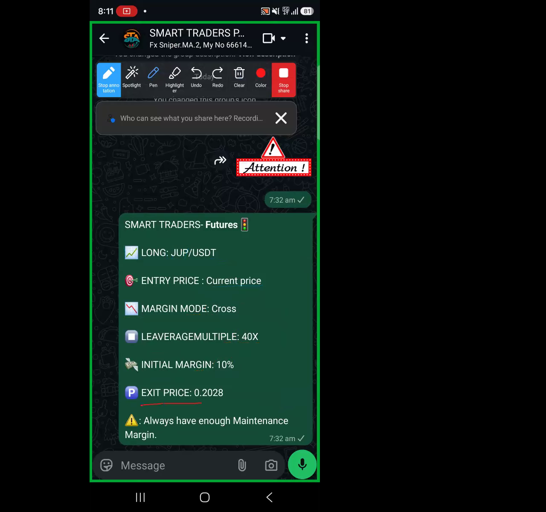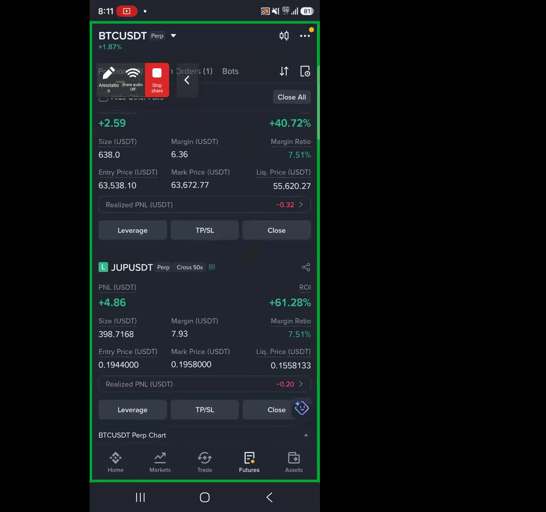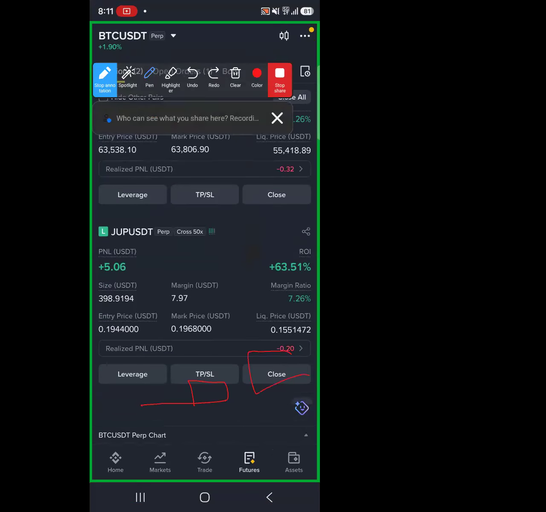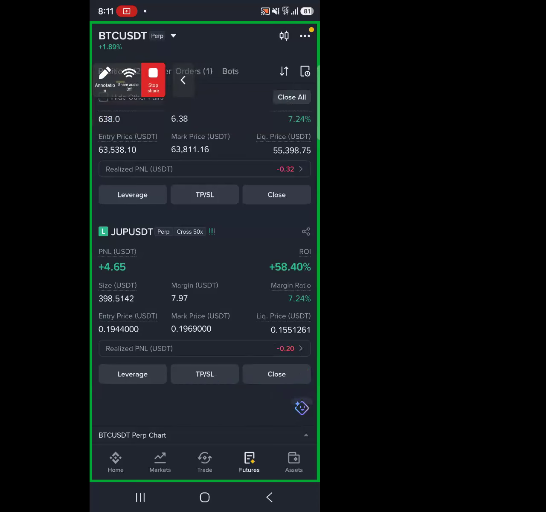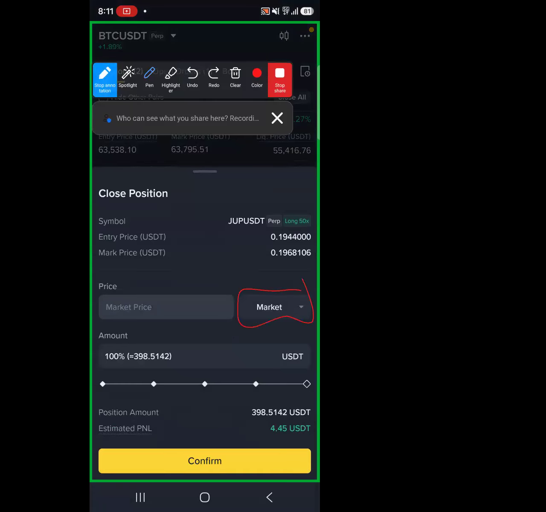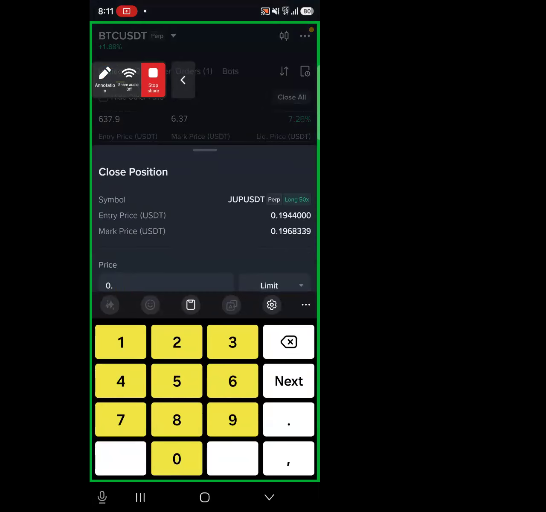And then you have the exit price, which is 0.2028. So it means you come here and then you tap on close. You tap on close, and then you enter the exit price. So when you tap on close like this, you choose from market, tap here, choose limit, then you enter 0.2028.